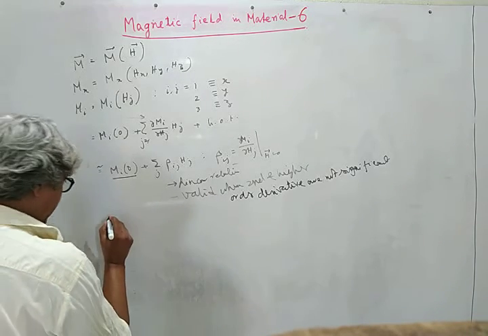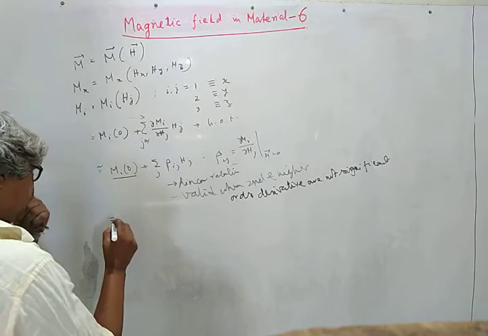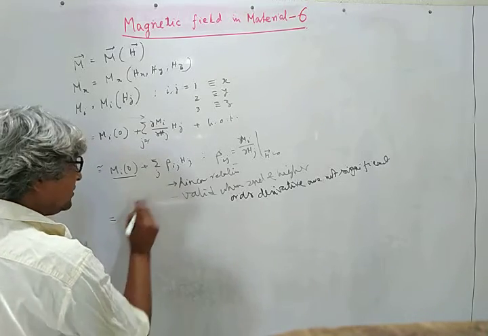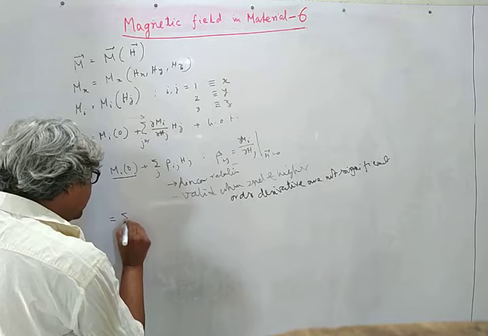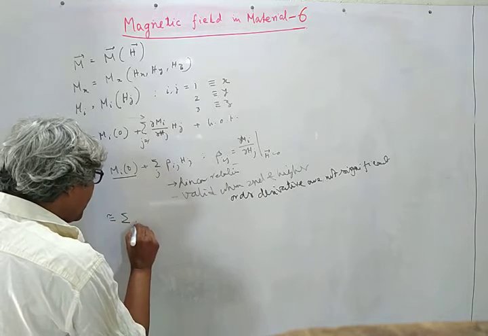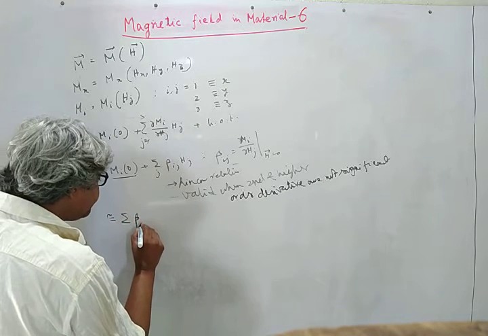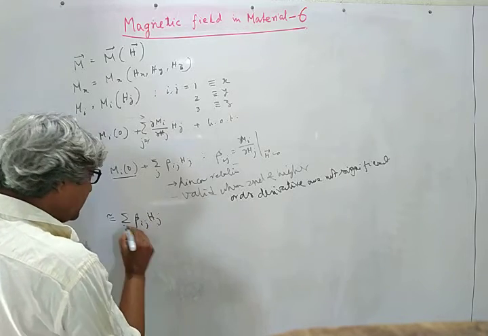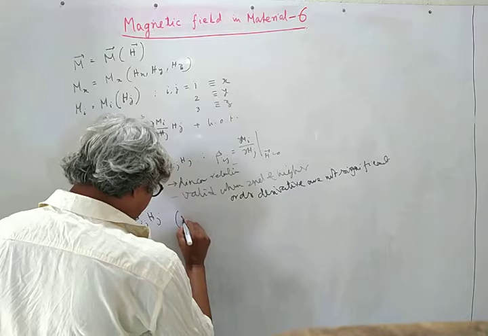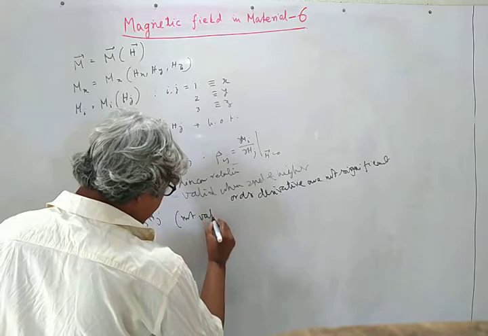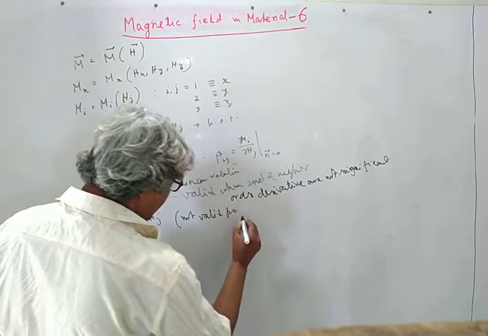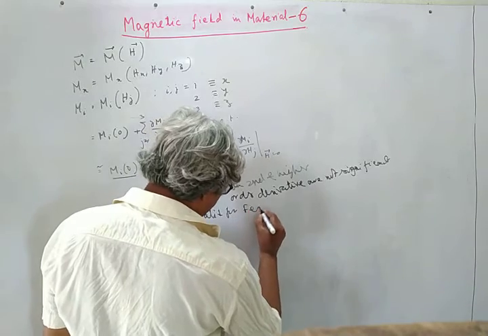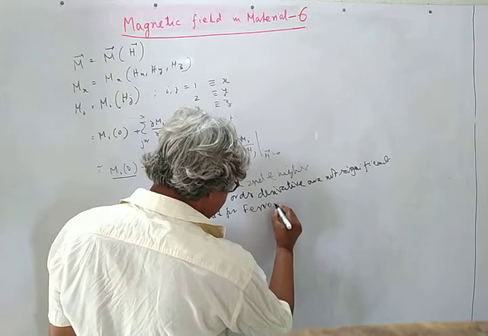So we write it as the summation of beta ij Hj, not valid for ferromagnetic materials.